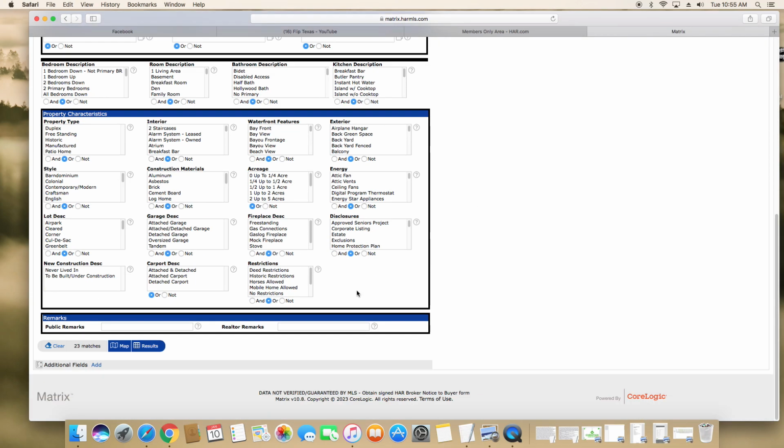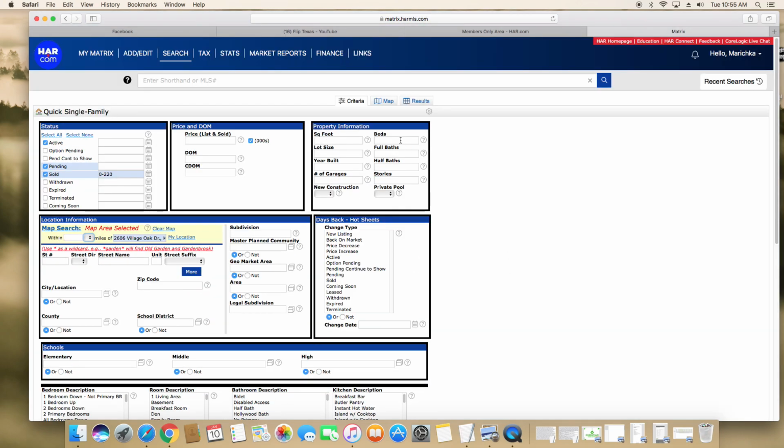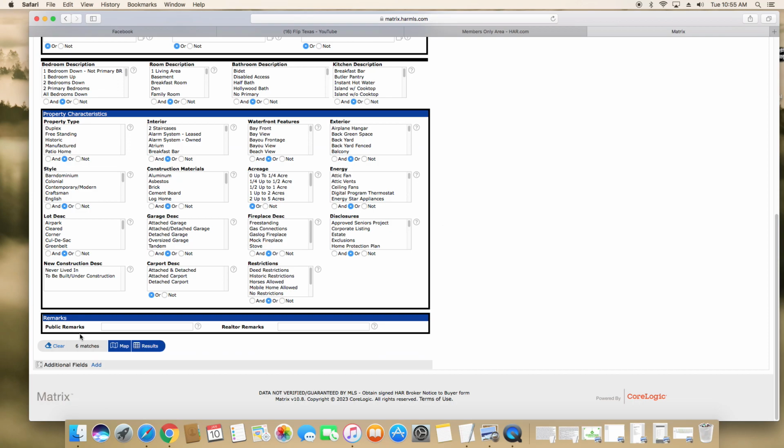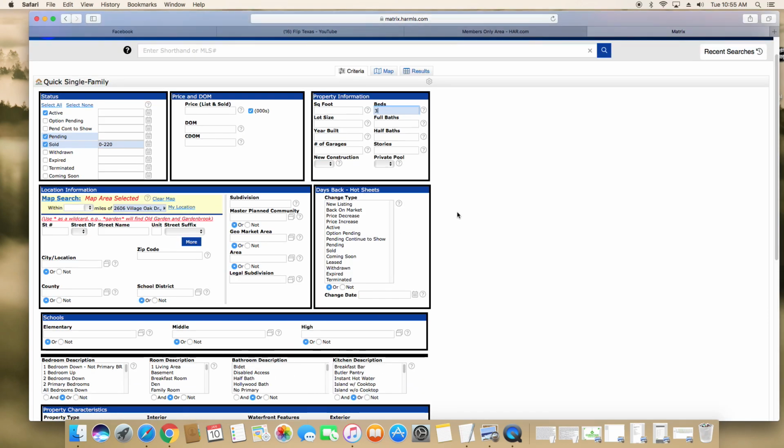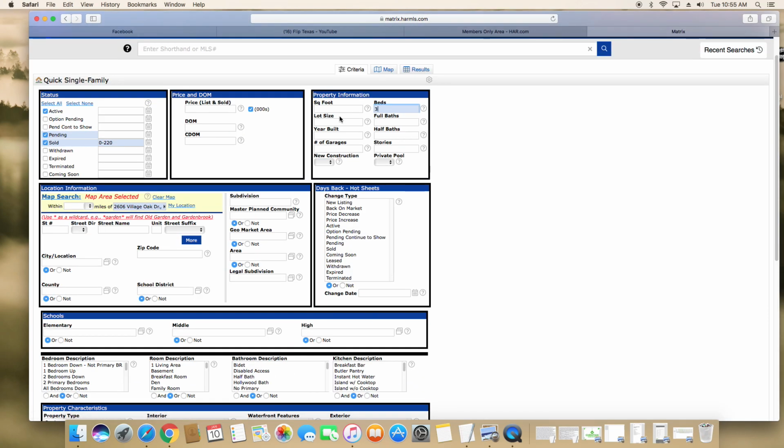This property, though, is a 3-bedroom. So here we can put 3. Now we have 6 matches. If you want to, you can start clarifying by the square footage a little bit. I believe our subject property is 1750 square foot.